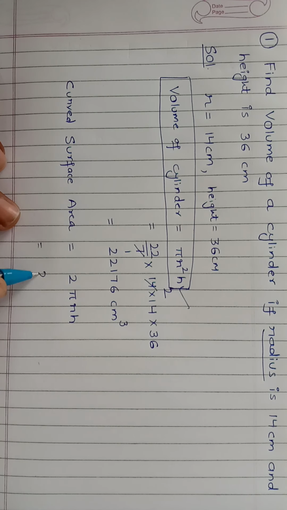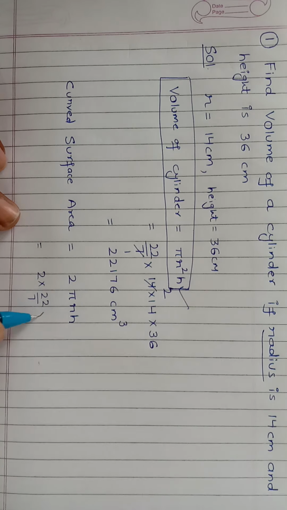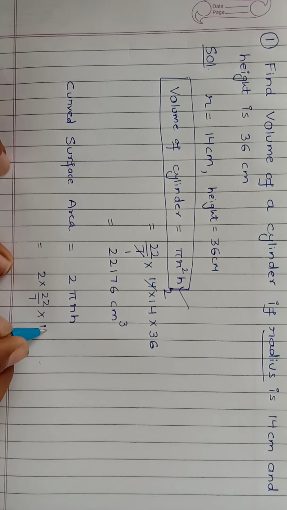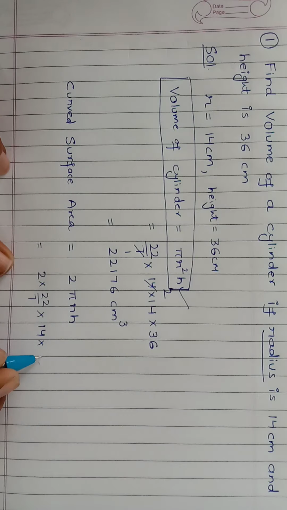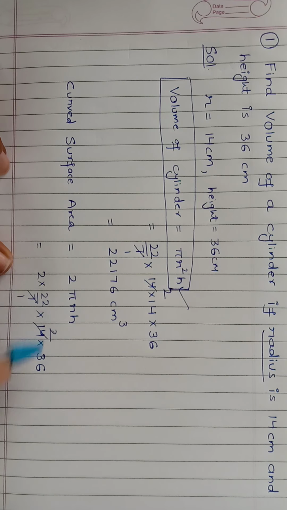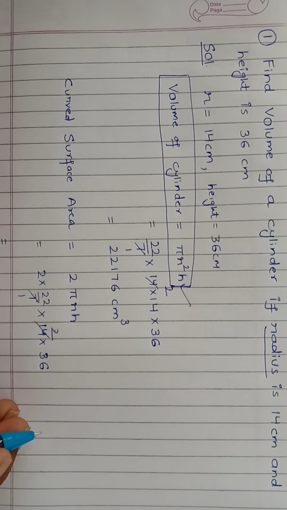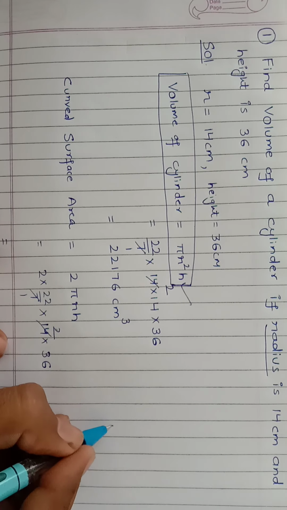2 will remain same. Value of pi we know is 22 by 7. Value of r is 14, and the value of h is given 36. Start cancelling. 7 1 is 7, 7 2s are 14. Afterwards into, it will become 44 into 72.